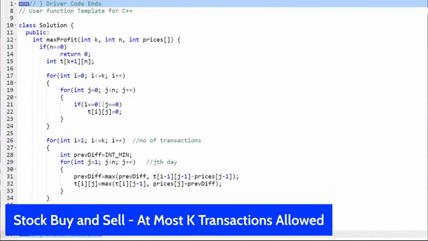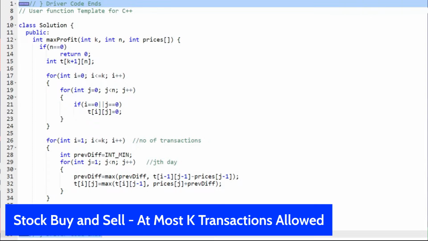Basically we are iterating through all the number of transactions that we have, and then for each day you are checking whether you are including this day in your transaction or not. If you are not including it, you will simply get the previous day's value. If you are including it, then you need to add the value of the current day's stock to the previous difference that you have obtained.